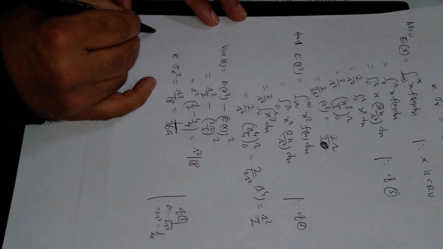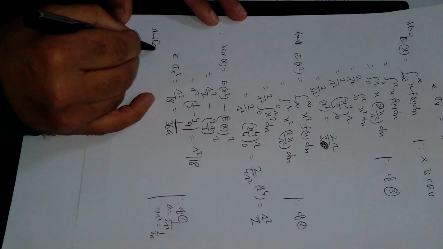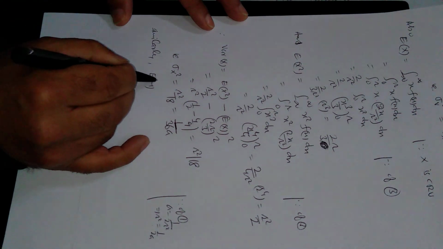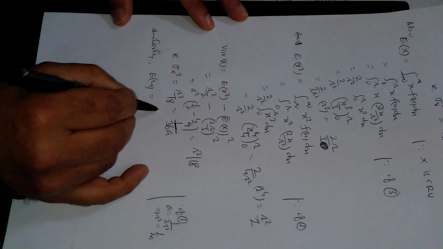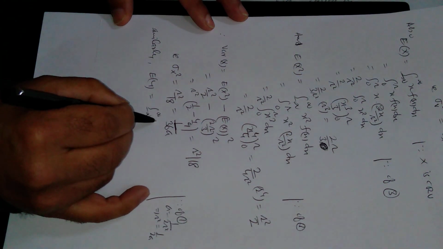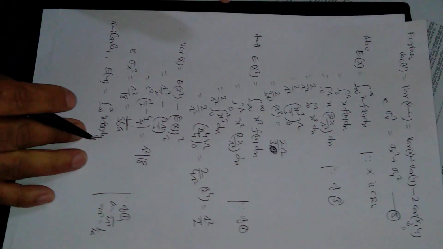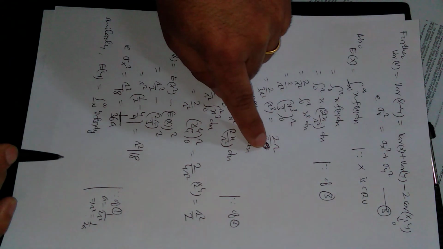Similarly, E of y will be defined exactly the same, minus infinity to infinity of y f of y dy. The difference is only that in place of r we will get s.